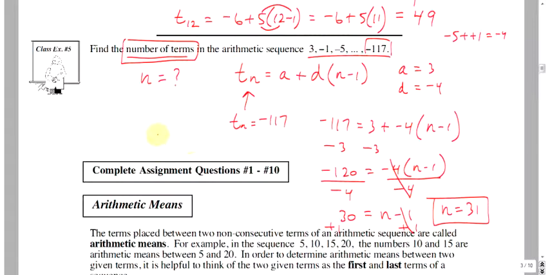I know, it doesn't ask me this, but I know the 31st term is negative 117. It's not asking me this, but I want to go back because this nth term thing screws people up. If you're totally lost, let's say you draw a complete blank, it's the midterm.